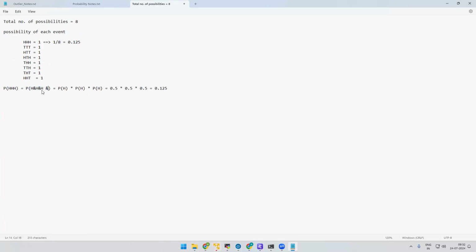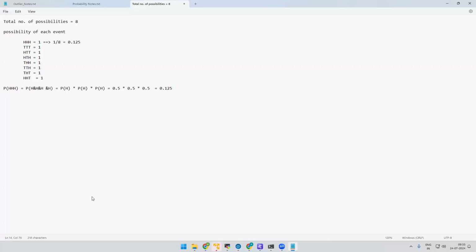Let's take another coin, 4 coins. Then another 0.5. Should we multiply 0.125 into 0.5? Yes. 0.5 into 0.5 is 0.25, and 0.25 into 0.5 is 0.125 for 3 coins.